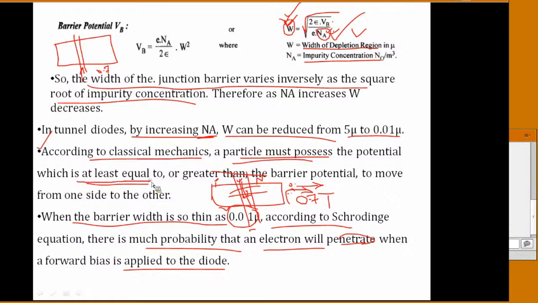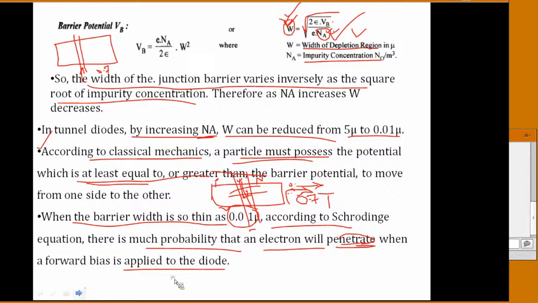A particle must possess energy at least equal to or greater than the barrier potential. Then only it will move from one side to another side. That is for the classical mechanism, the PN junction diode mechanism. But if the width is very, very small, according to the Schrodinger equation, what is happening? Even though it is not reaching the barrier potential, less than that also, there is a current.